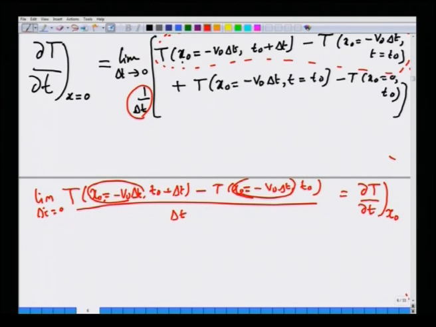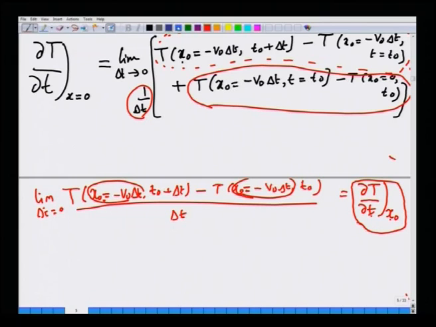Originally we were measuring the temperature at the same location, but this part of the expression corresponds to the rate of change of temperature with time as you follow the same particle, because the particle is being fixed here. So, this is what we are after. We want to calculate the rate of change of temperature with time as you follow the same particle. But there is one more piece here which we will have to tackle.